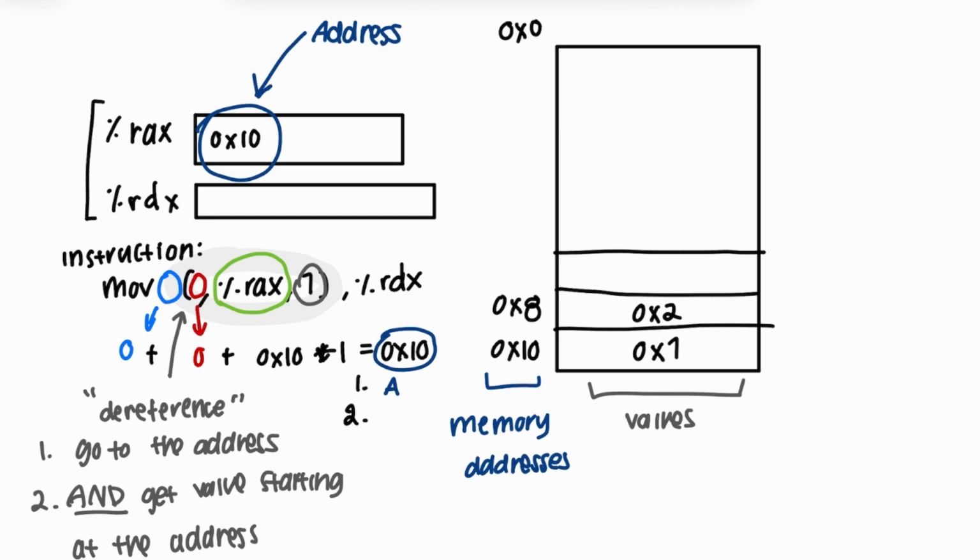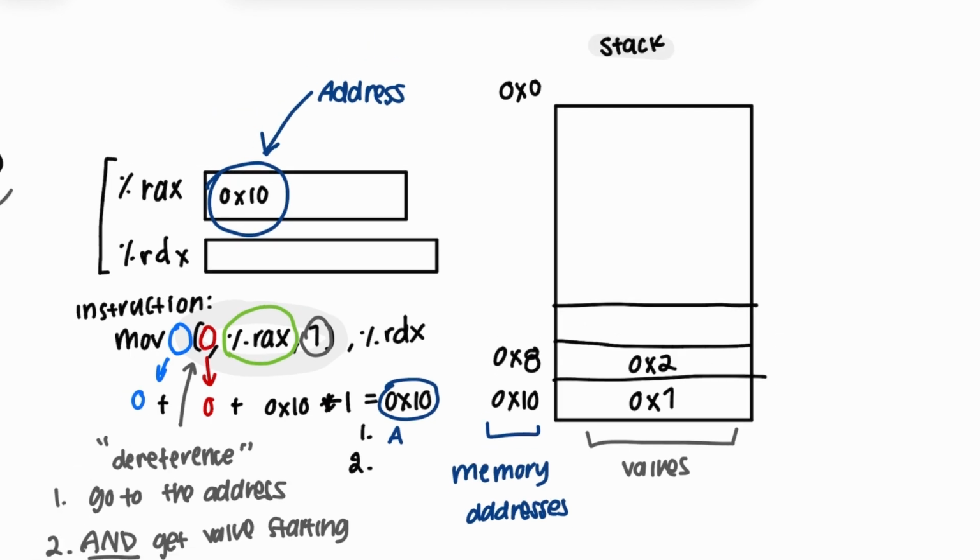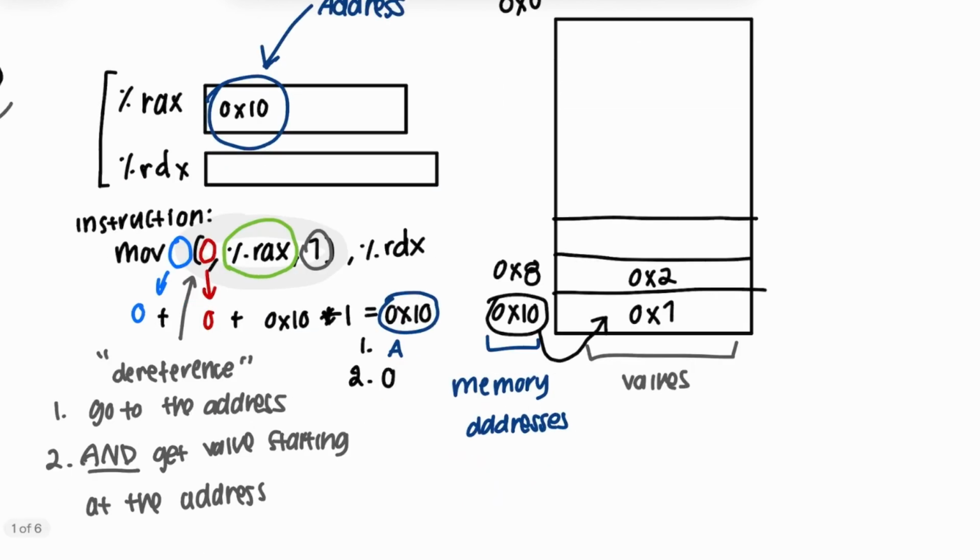So at this point, we're going to go to the stack and look at our memory addresses. 0x10 is over here, and we go into this value over here and get 0x1. So we get the value 0x1, and our instruction is to move 0x1 into RDX. So this value would be 0x1. That would be the final answer.